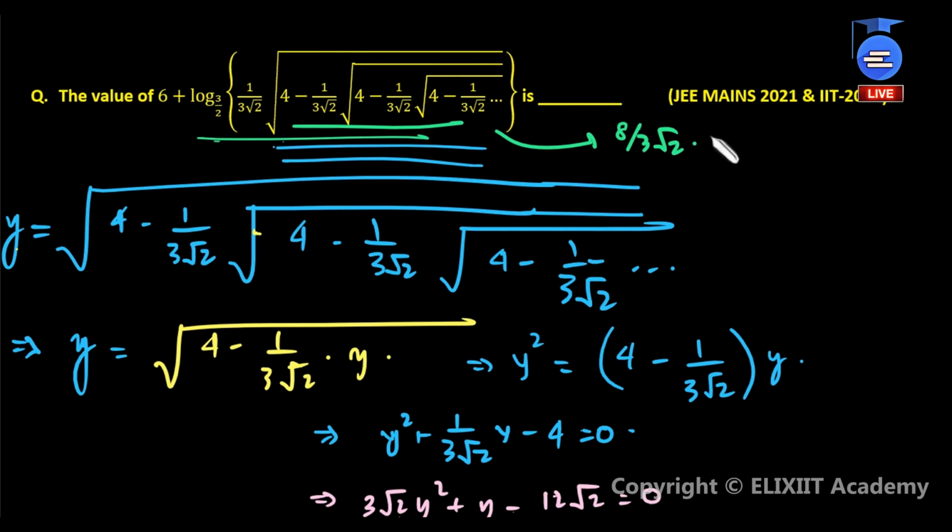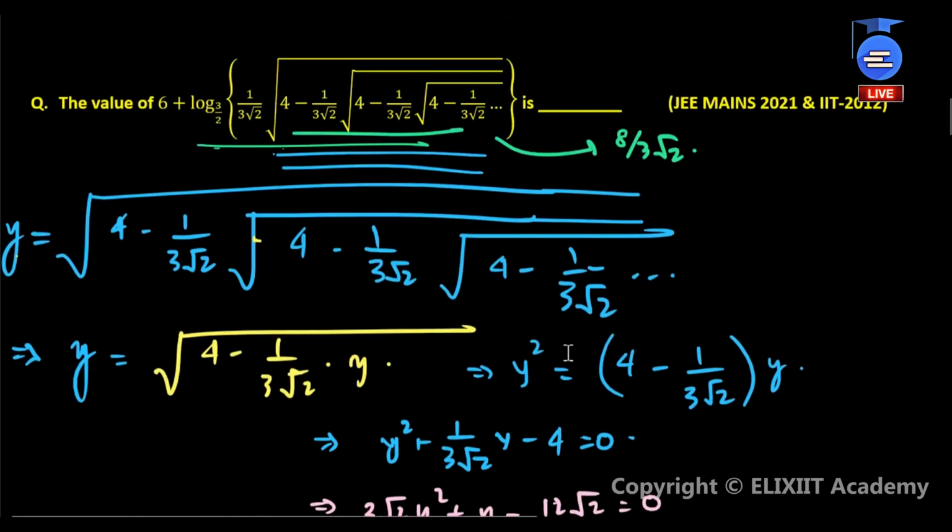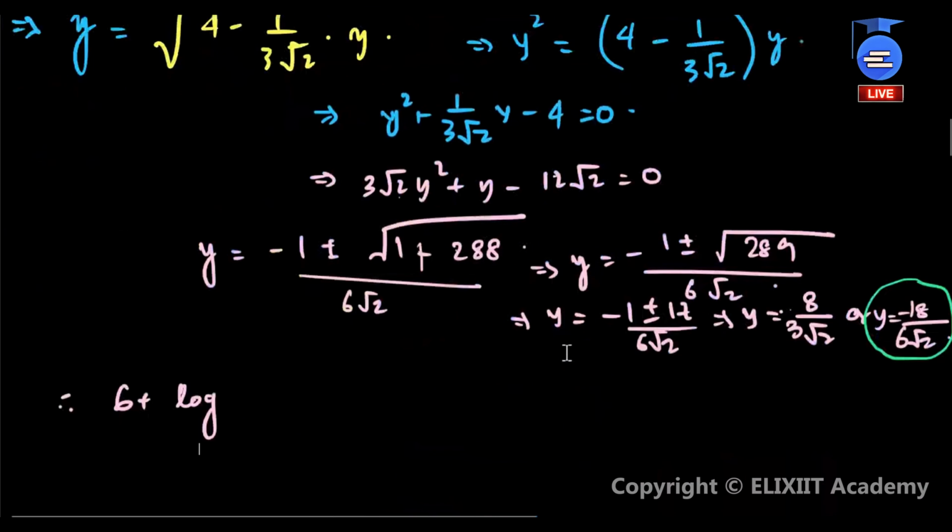Now simplify. So 6 plus log, this entire product is now what? This product was 1 by 3 root 2, base is 3 by 2.